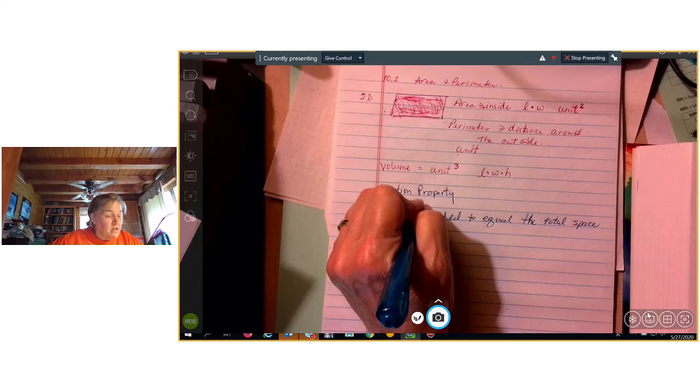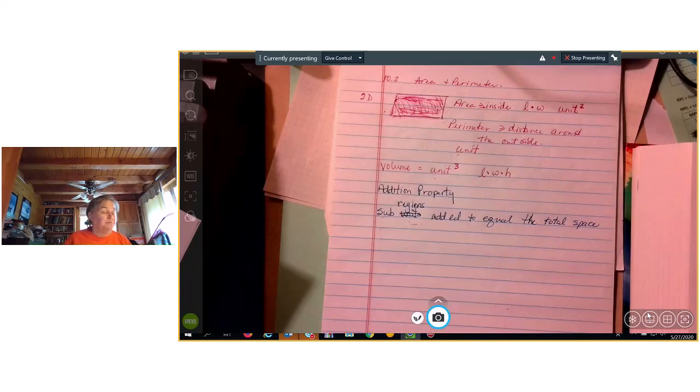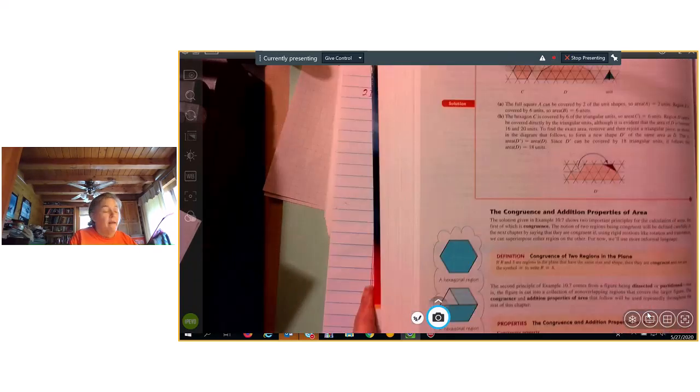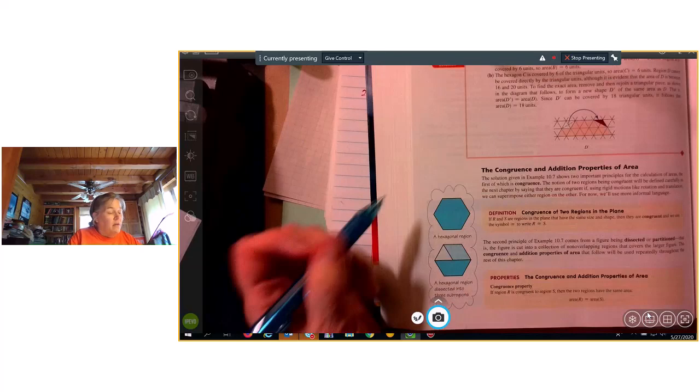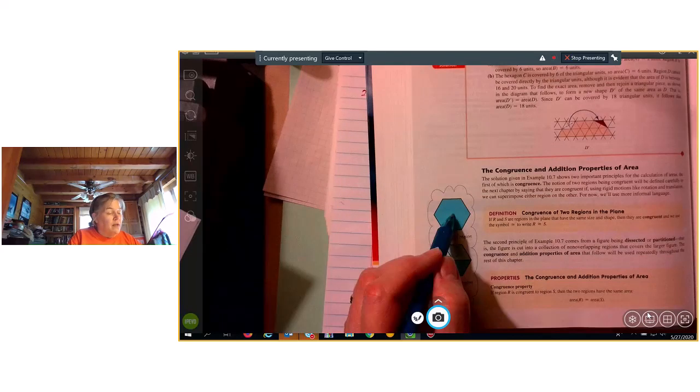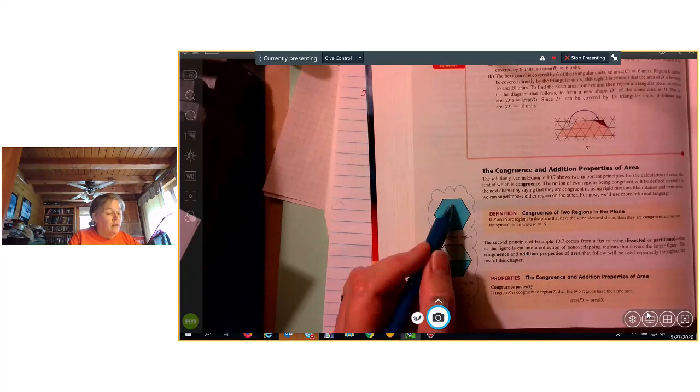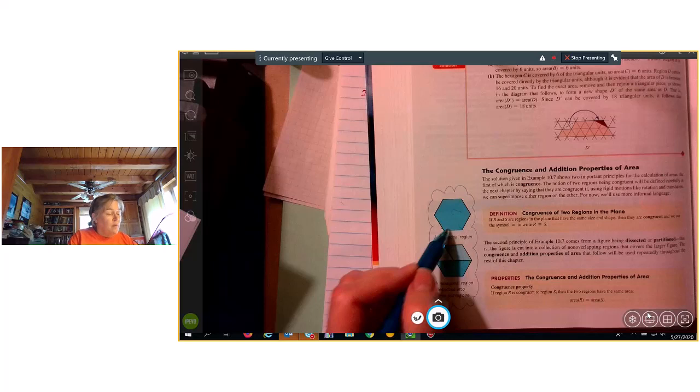If you have subregions, just like with this hexagon, and I know that if I were to divide this, it would be divided into 6 triangles. 1, 2, 3, 4, 5, 6 triangles. Well, if I'm looking at this, I've got one triangle here, so the area of this first part would be 1 triangle.